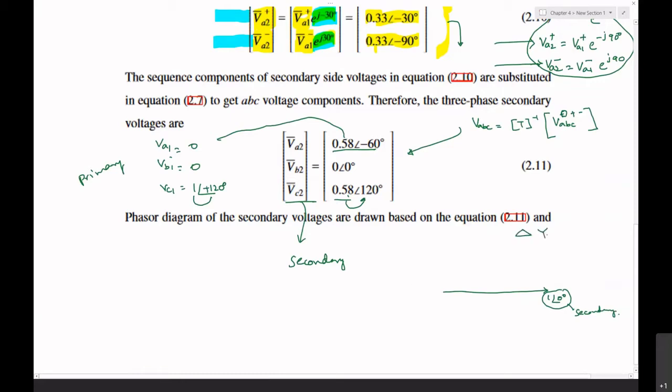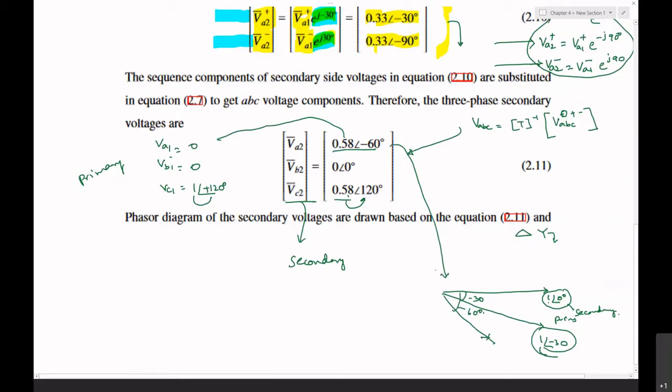When you have a D by 1 transformer, with the primary voltage as reference, the secondary voltage is going to lag by 30 degrees, so 1 at an angle of minus 30 degrees. With respect to this, we got 0.58 at an angle of minus 60 degrees. This is the phase jump, which we can observe.